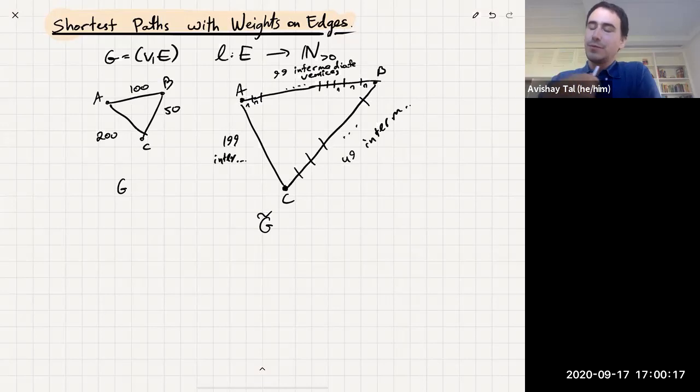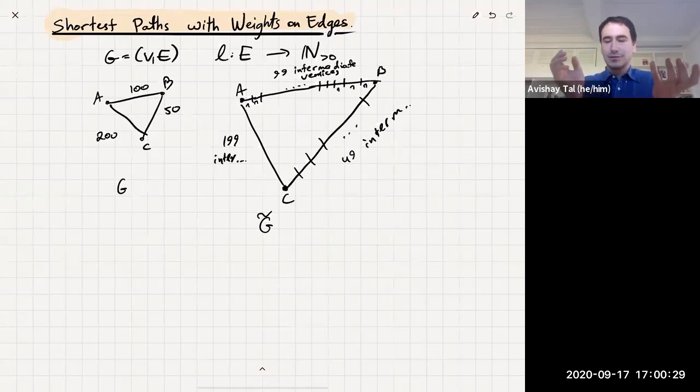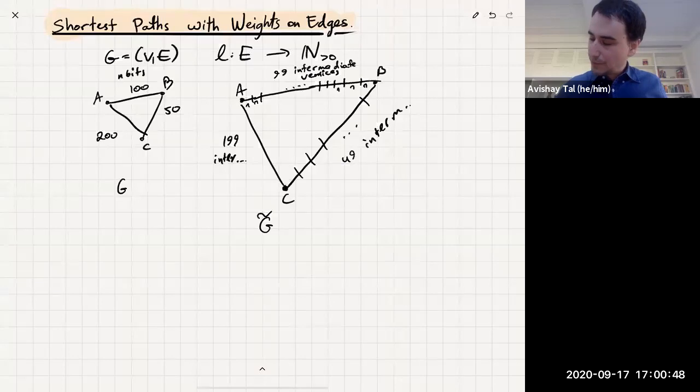What's the problem with this algorithm? Why aren't we satisfied with it? Well, if you notice, we started with a very small input. We had only 3 numbers that each one of them could represent as 8 bits. And we grew to a very large graph with almost 400 vertices. If you take it to the extreme, these numbers could be n bits, and then this path would be of length 2 to the n.